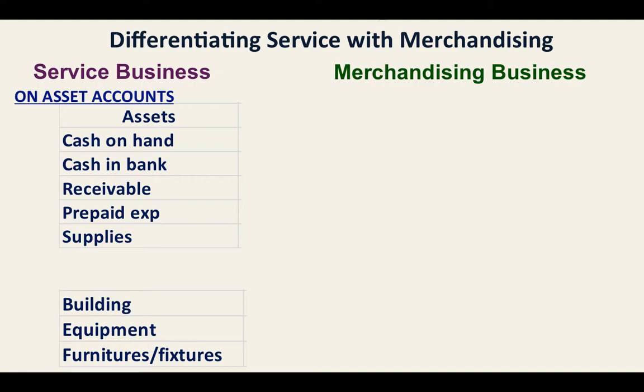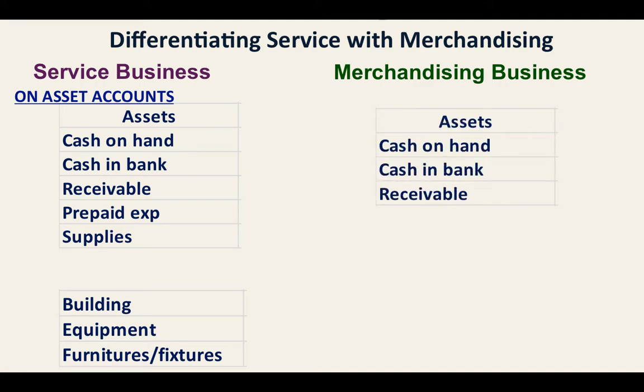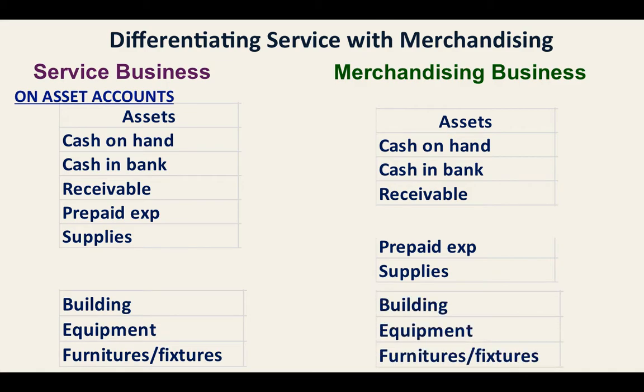In merchandising business, on asset accounts, we will also be using cash on hand, cash in bank, receivable, prepaid expense, supplies, building, equipment, furniture. So basically, you would see that the accounts being used on service business is similar to merchandising business. The basic difference between service business and merchandising business in terms of asset is inventory.